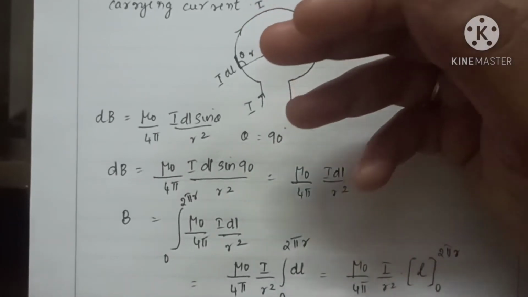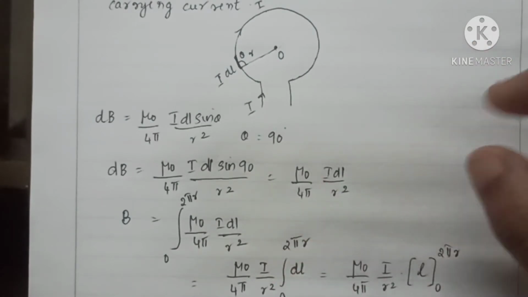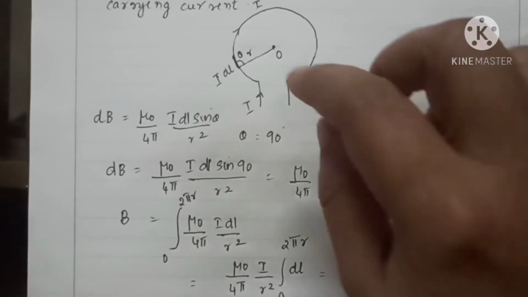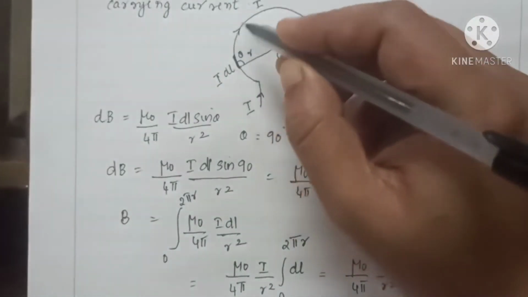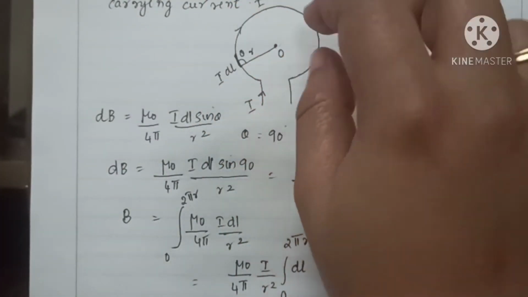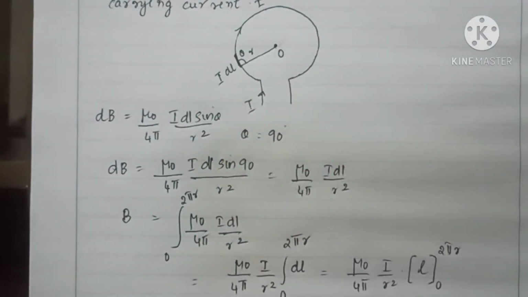So the motion of the screw will give you the direction of the magnetic field, and the rotation is actually the direction of current, right? So here in this case you can see the current is in the clockwise direction. That means you have to rotate like this, and as a result the screw will be moving inward, which means that the magnetic field is towards the plane of the paper, or inside, inward.